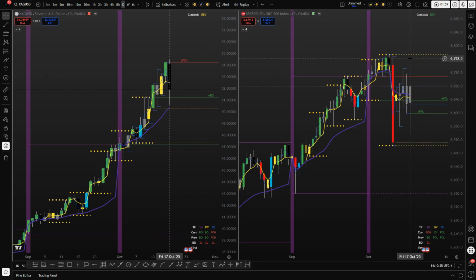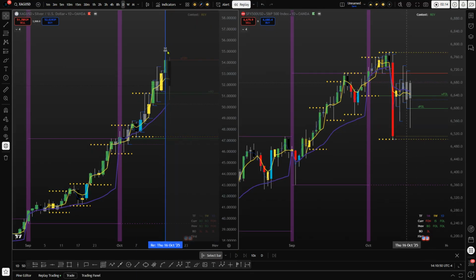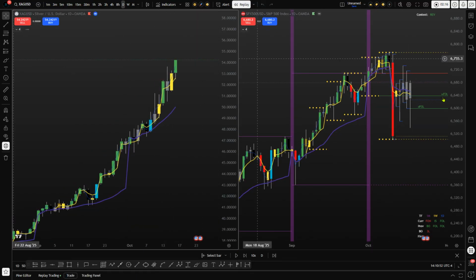When I came into the session on Friday, we had this scenario here. The fake out high bar was the result of Friday's trading. So if we just go into replay mode, and compare the two charts, first of all, we'll analyze silver. Silver is in breakout.